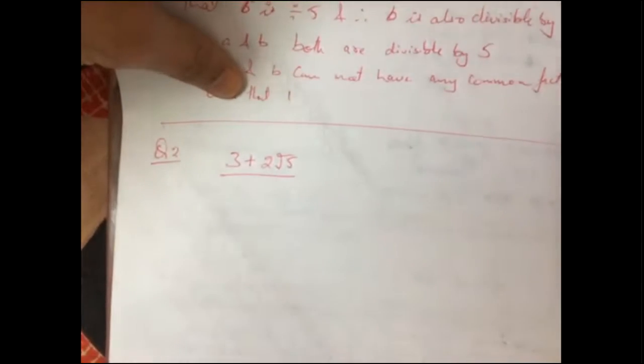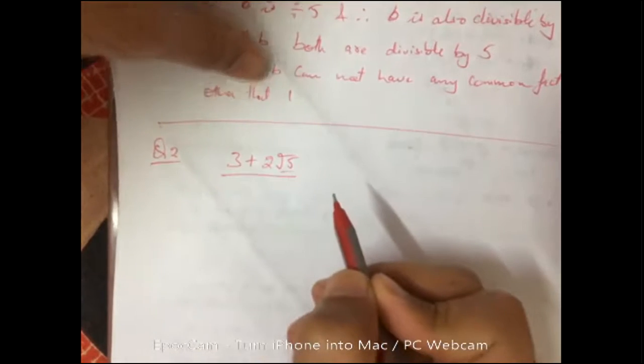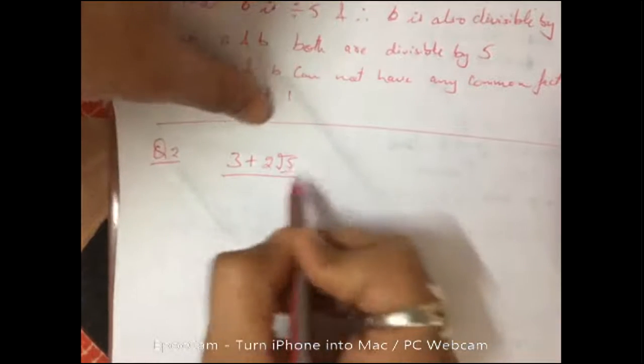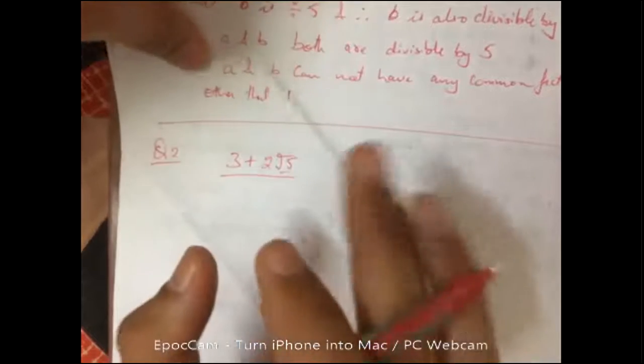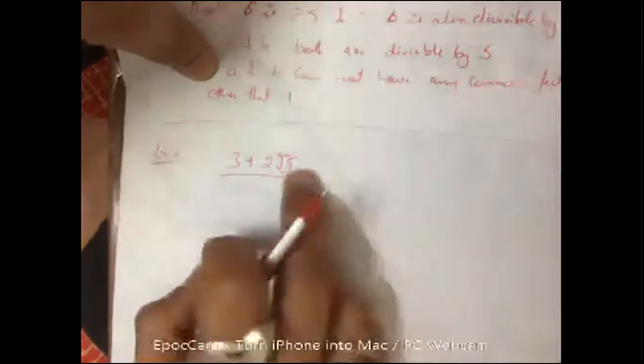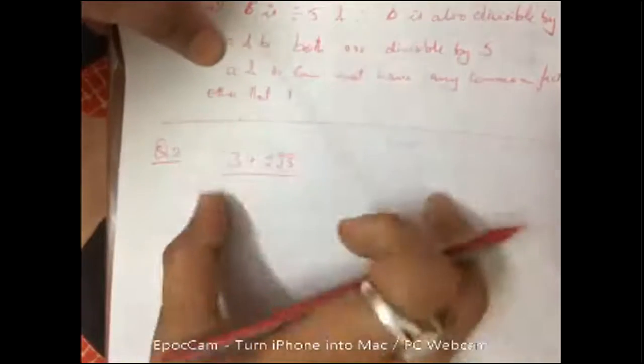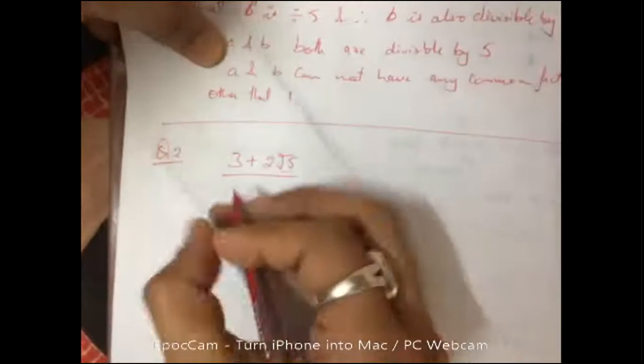If the question is of 2 marks or 3 marks, you do not need to prove that root 5 is irrational; we assume root 5 is already irrational. If it is of 4 marks, then you have to prove that root 5 is irrational first, and then start this.